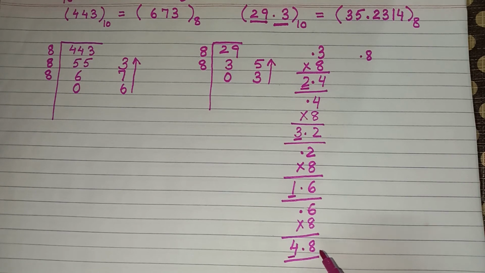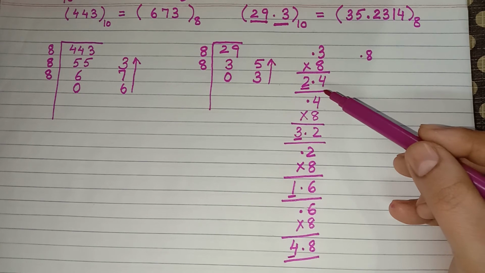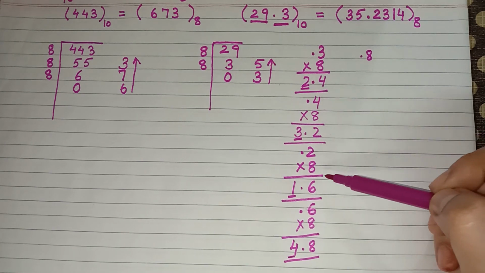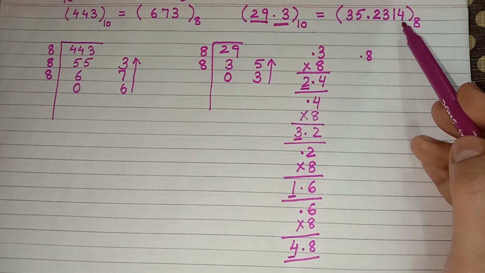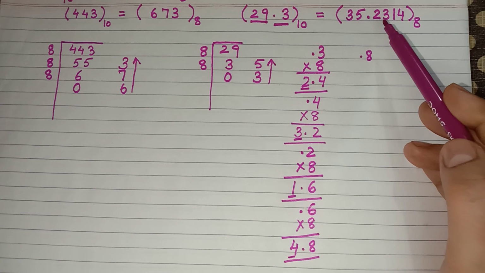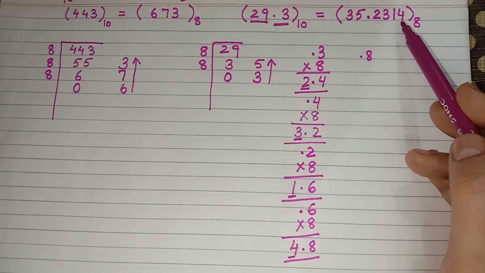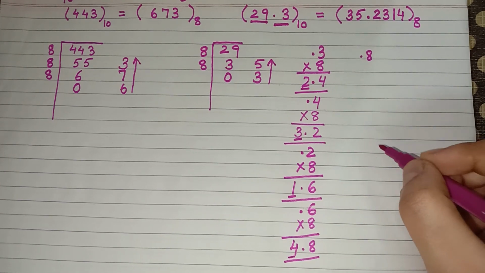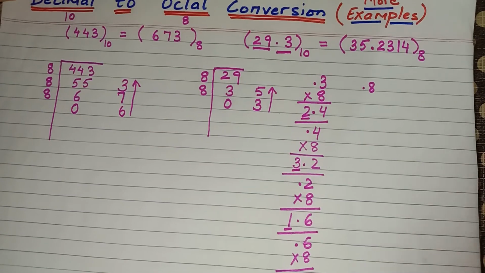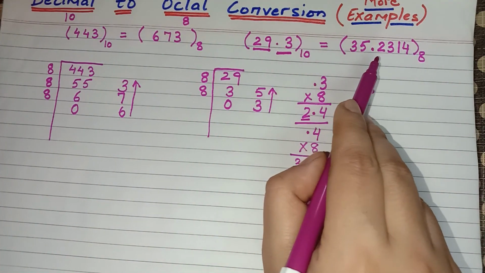But if suppose you are getting the multiplication result so and so on after the decimal, then you can stop the multiplication after 3 or 4 decimal digits. Like if you want 3 decimal digits or you want 4 decimal digits, you can do up to that and can stop. So this is how we have converted 29.3 the decimal number into the octal.